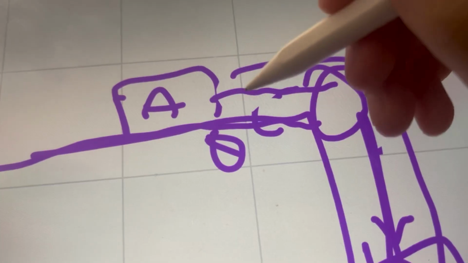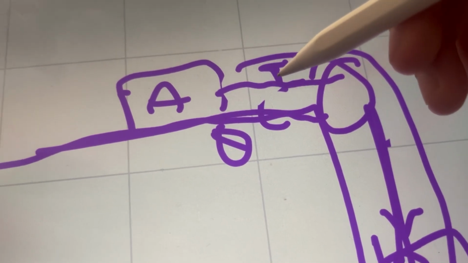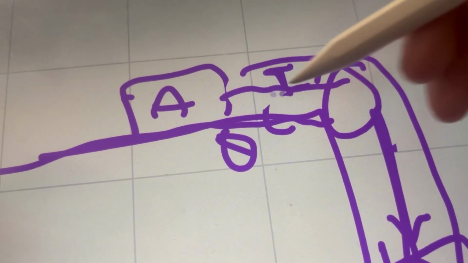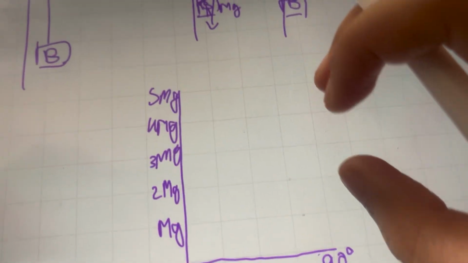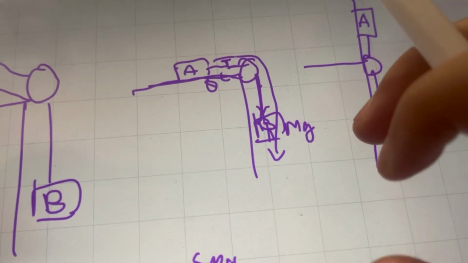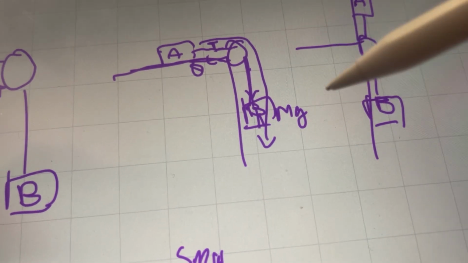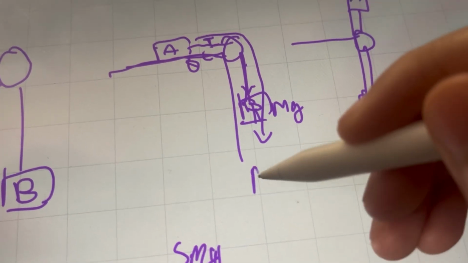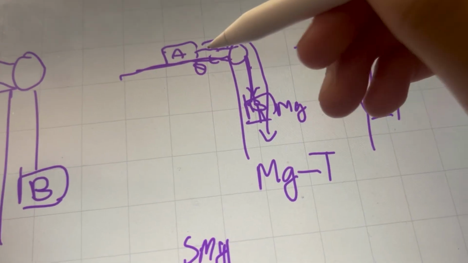However, there's a tension right here, pulling it this way, and therefore in this graph, block A is moving this way at a net magnitude of block B's magnitude, which is just mg, minus the tension of the string.